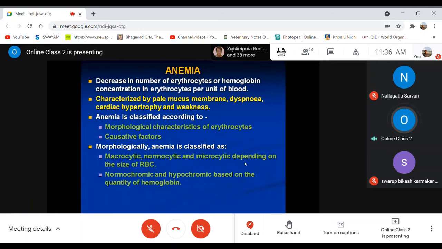There may be normochromic, meaning normal color of the RBC; hypochromic, meaning the hemoglobin concentration is less; and hyperchromic, which is missing here, meaning an excessive hemoglobin concentration. So this way, there are different types of anemia based on morphology as well as the concentration of hemoglobin.